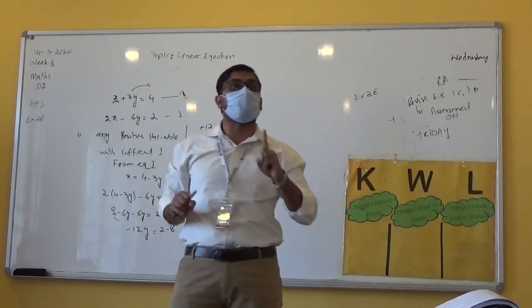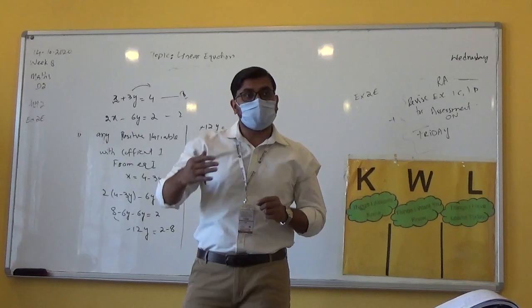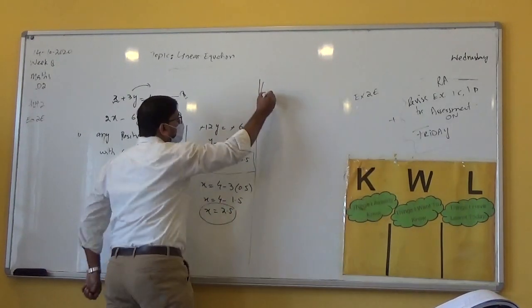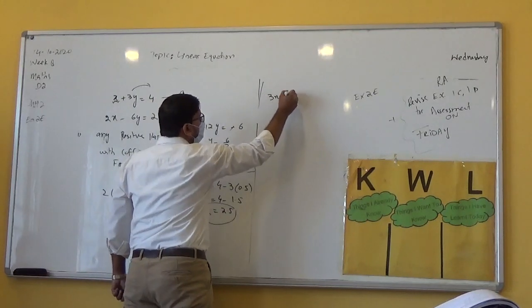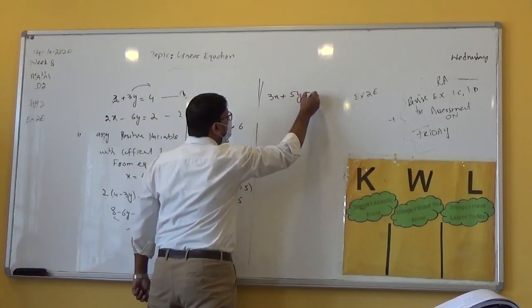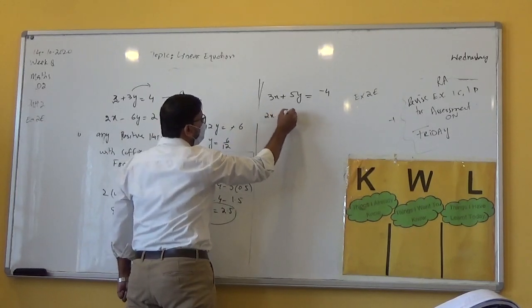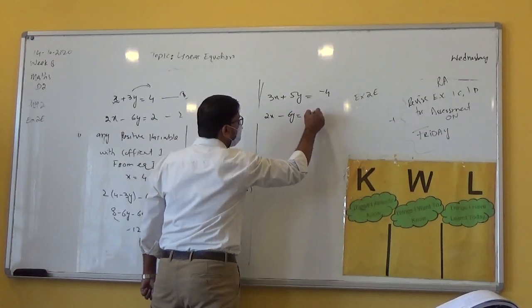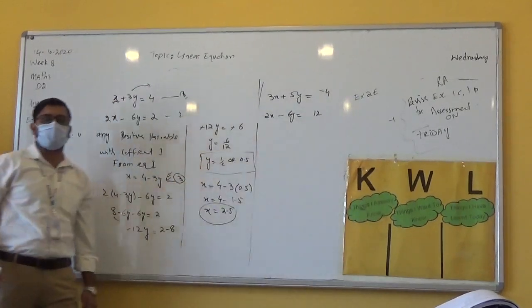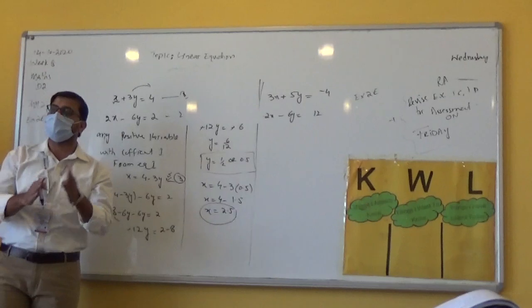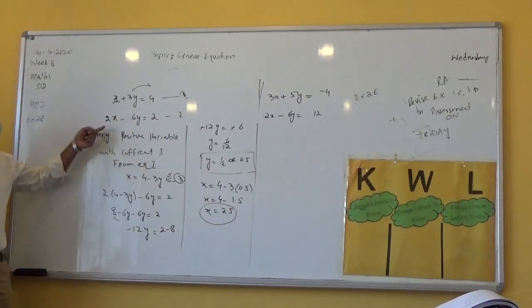So this was the condition where, from the equations, you find at least one positive variable with coefficient 1. Now there is another situation. Suppose you are given equations like 3x plus 5y is equal to minus 4, 2x minus 6y is equal to 12. What was the very first step in the substitution method?